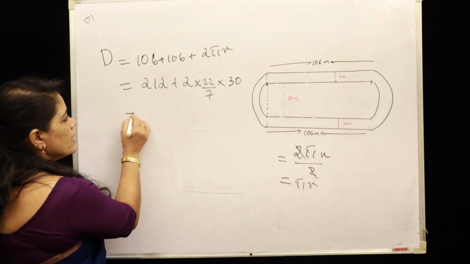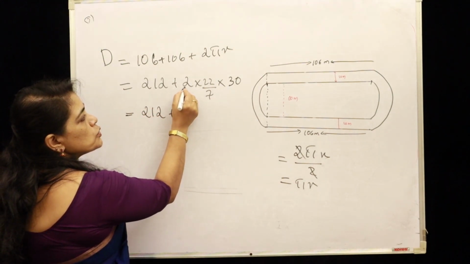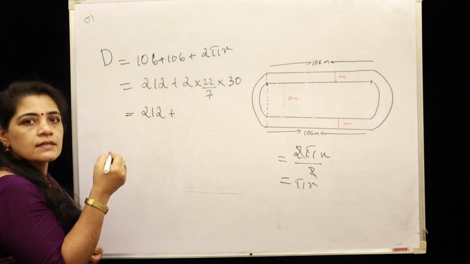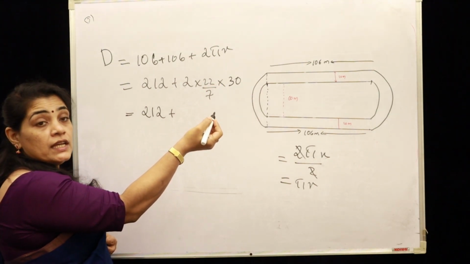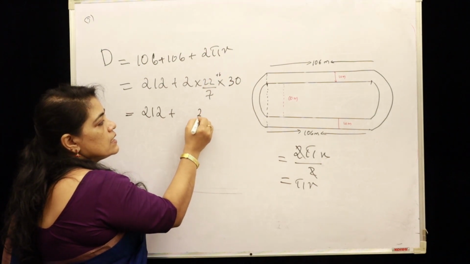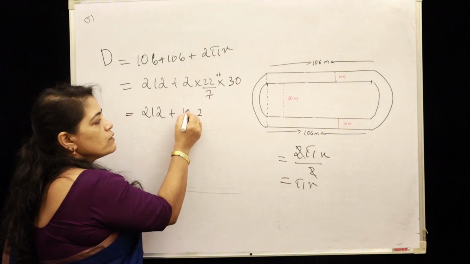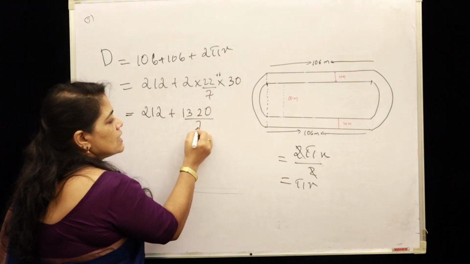Okay, so in the next step you will get 212 plus 2 into 22 by 7 into 30, that is 22 into 60. So 22 into 6 is 132, and with 0, 1320 divided by 7.